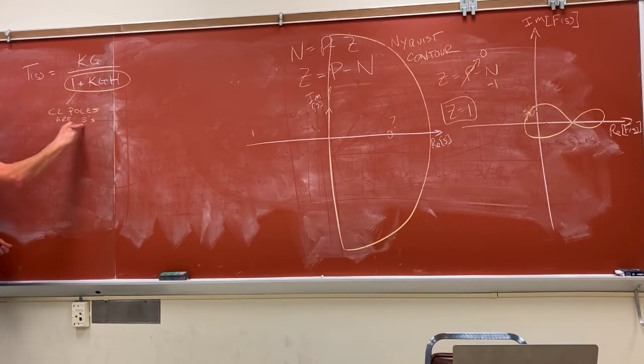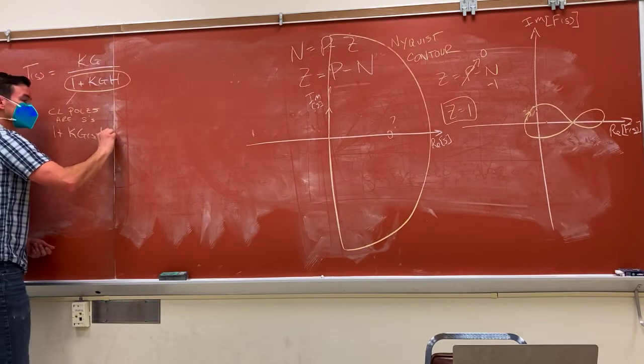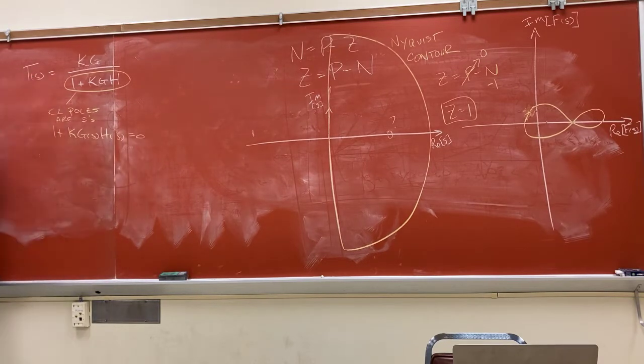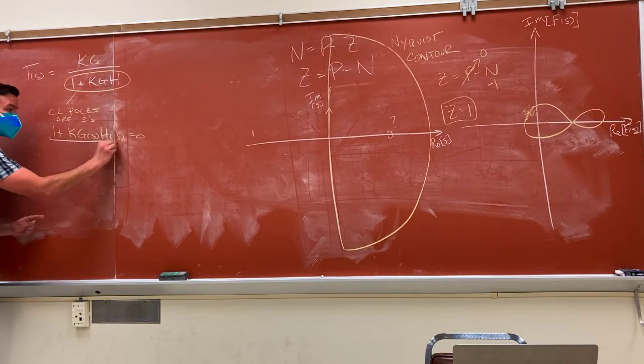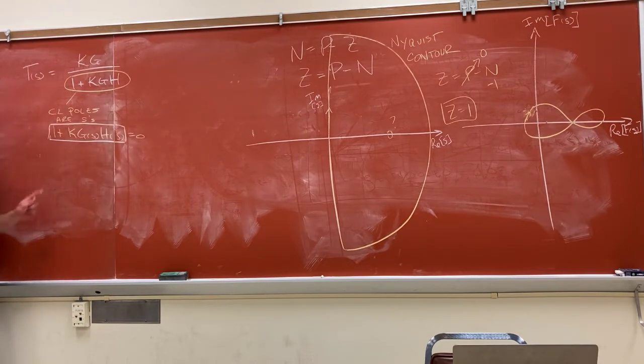The s's that make 1 plus k g h equals 0. So one could say that the closed loop poles are the zeros of this function, because they literally make it 0.